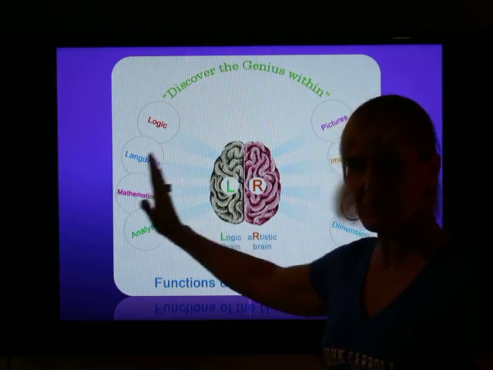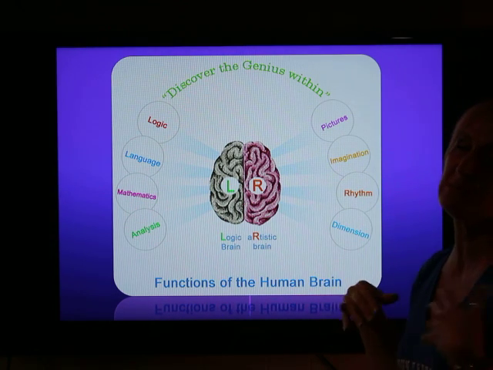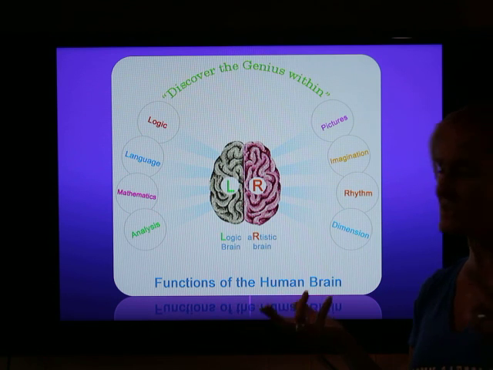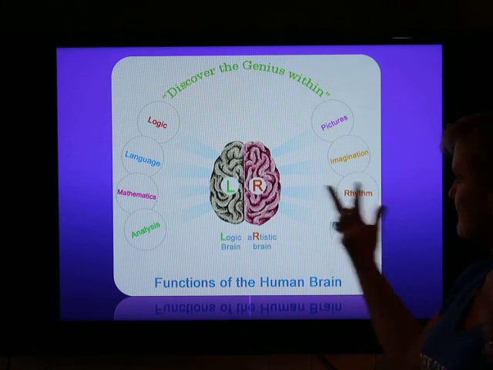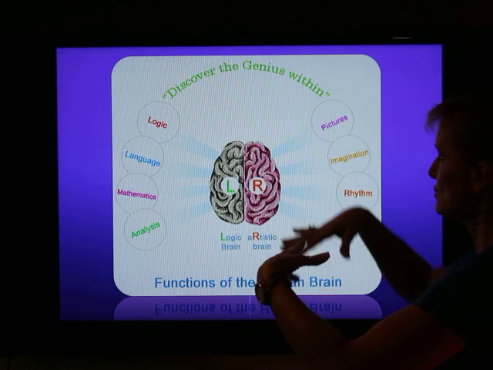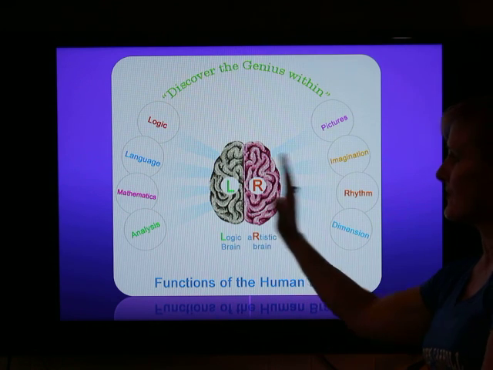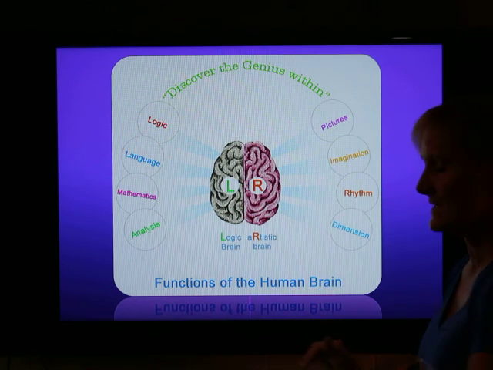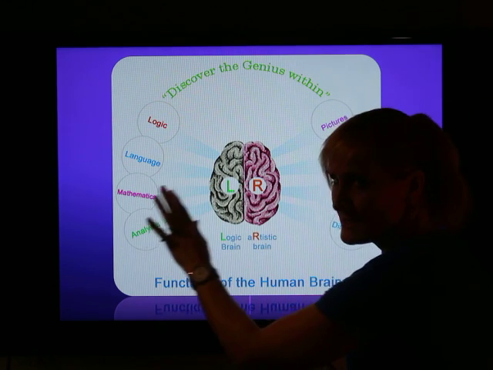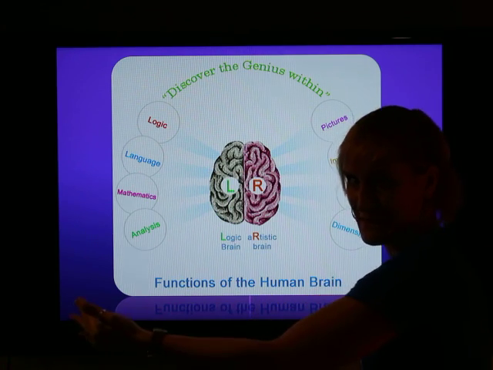This is more predominant on the left side, and your right side of the brain tends to be your more creative, artistic, rhythm, dimension, pictures, imagination side. So your creative, artsy people are probably right brain dominant. Your engineers, mathematicians, statisticians, they're probably left brain dominant.